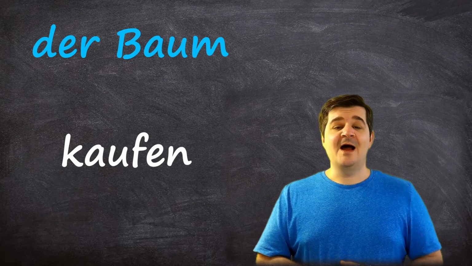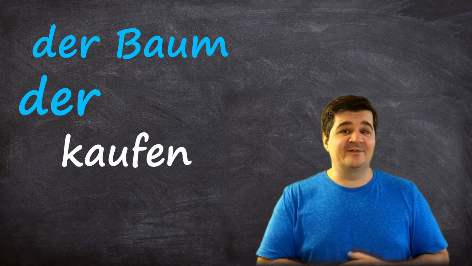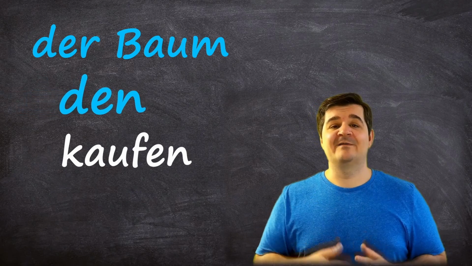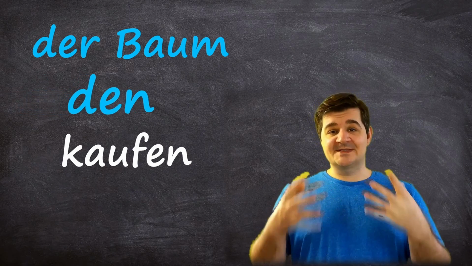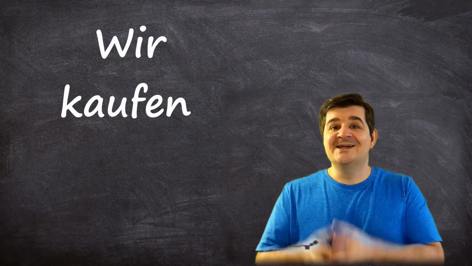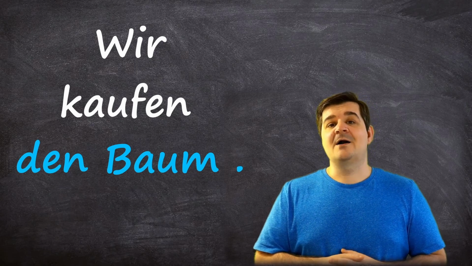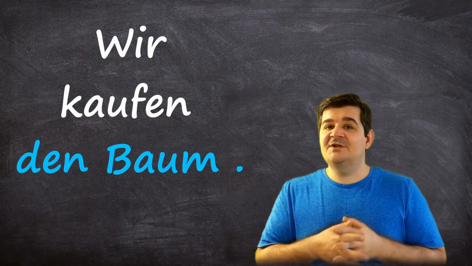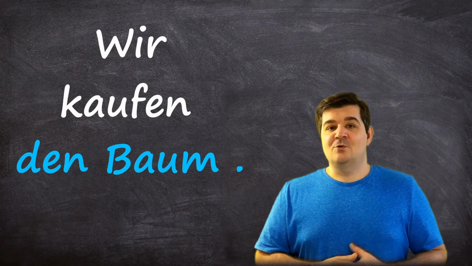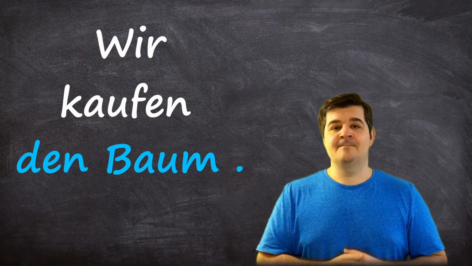Maybe you remember how we have to change the der article to the accusative case. We will have to put it to den with an N in the end. And so we will simply say, wir kaufen den Baum. So here we are buying a specific tree, maybe a tree we already had a talk about. So, wir kaufen den Baum.